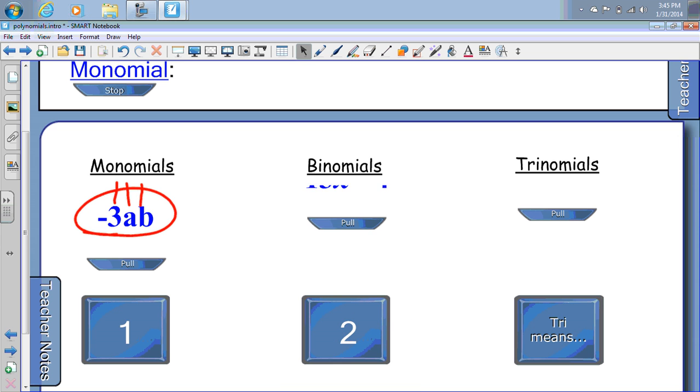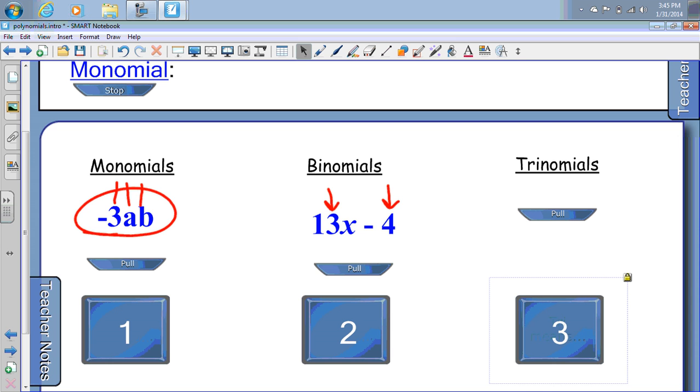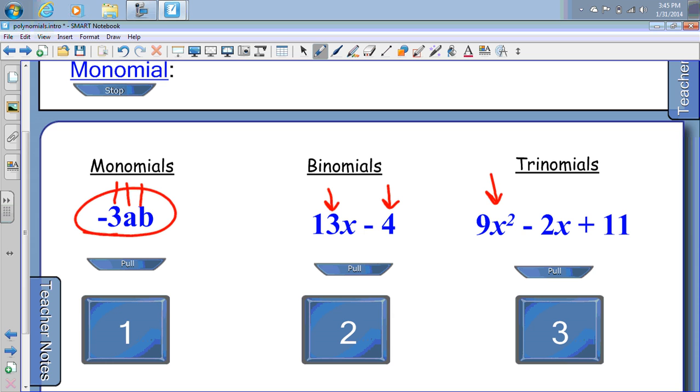Therefore, we're going to have 2 terms. 13x is 1 term, and negative 4 is the other term. Tri means 3 terms. 9x squared is 1 term, minus 2x is another term, plus 11 is our 3rd term. Okay?